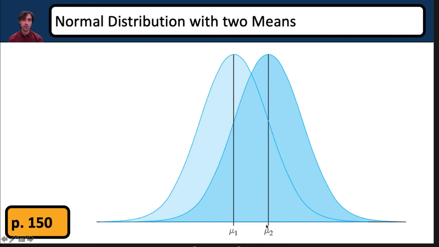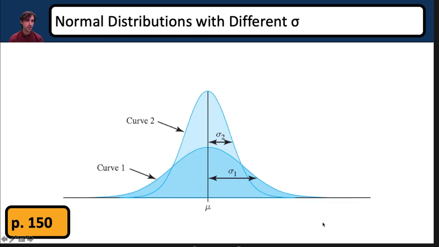So this is two different means. We could say this is the average age of a collection of individuals. This could be the age of 20. This could be the age of 30. And so your means vary, and you have some overlap on this.